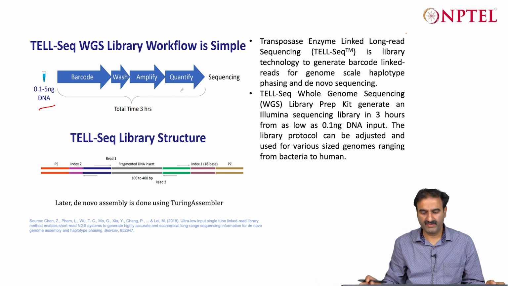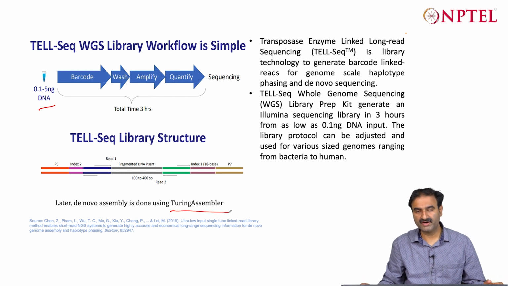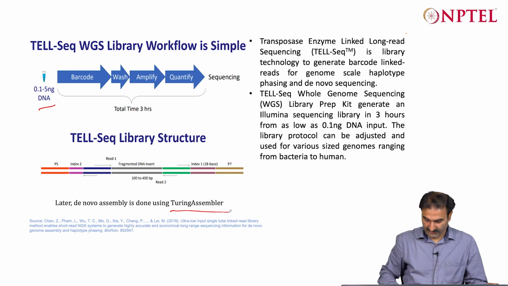They have also developed their own assembler called Turing assembler, which is good for assembly of these reads, because you have to assemble the linked reads. This is the TELL-Seq technology offered by Illumina.